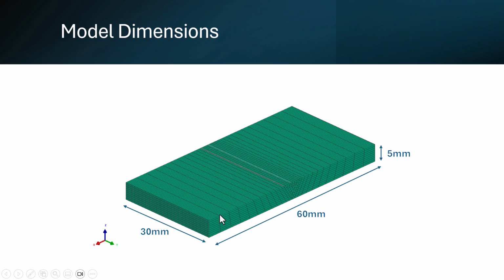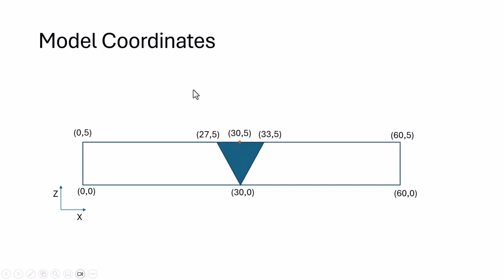This is a sheet material, 5mm thick, with a width of 30mm and a length of 60mm, but the welding is going to be on the transverse direction. The coordinates of the model are presented in this slide. It's pretty useful while we're doing the simulation and creating a model. We should have a map of our model.